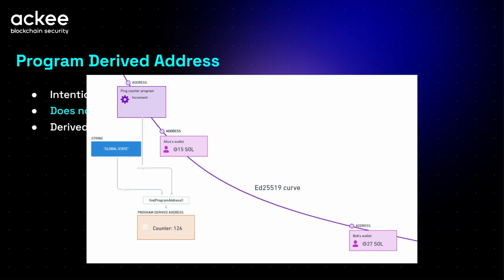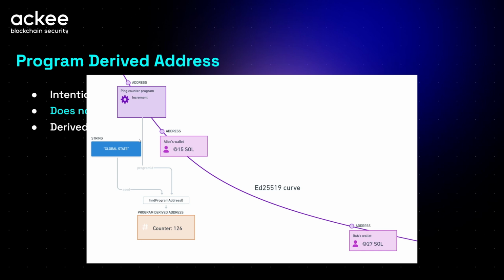But let's talk about the example. This is again the elliptic curve part, and again you can see here lands Bob's wallet, here lands Alice's wallet, and here lands our Solana program. The Solana program also has its corresponding private key and public key because it is stored in an account. You send the transaction when you deploy the program, so it has a corresponding private key and public key.